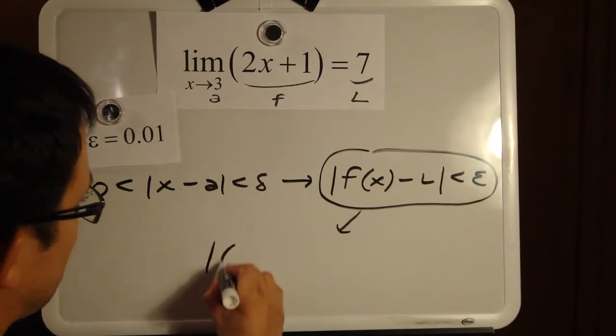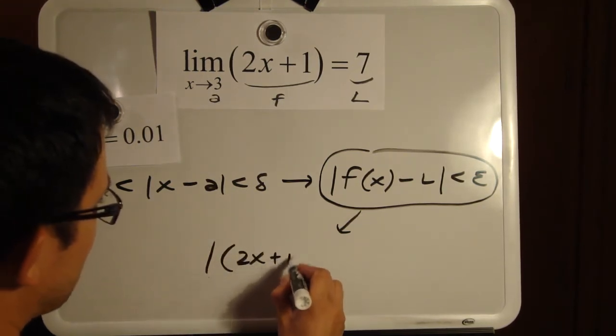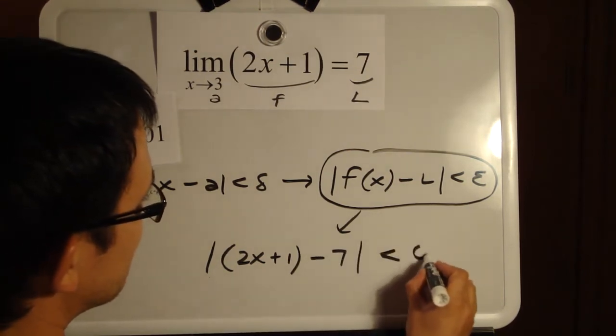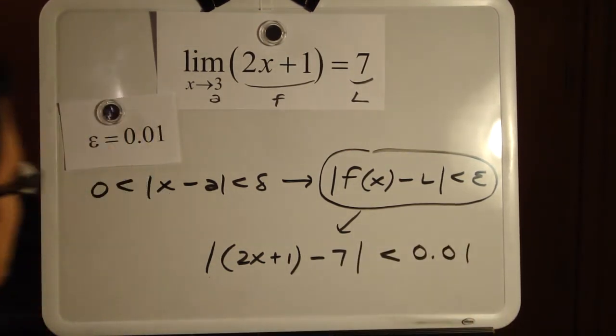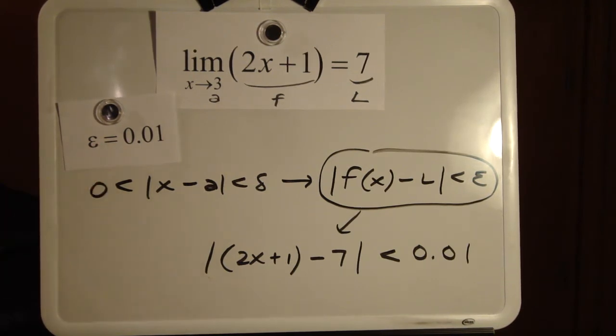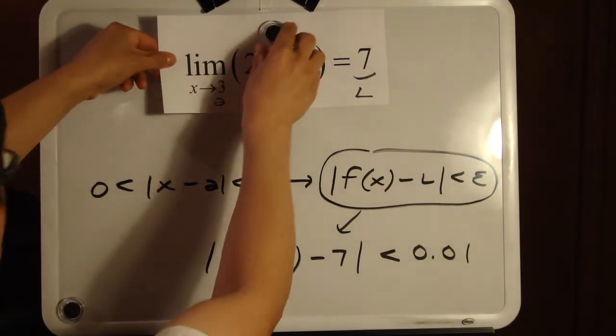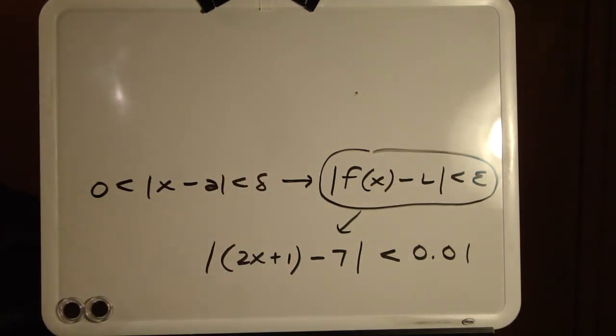So it would look like the function minus the limit, right, and this is going to be less than 0.01. Right, because this is provided in the problem. Okay, so we can probably get rid of this here. Okay, and we're going to try to simplify this a little bit.